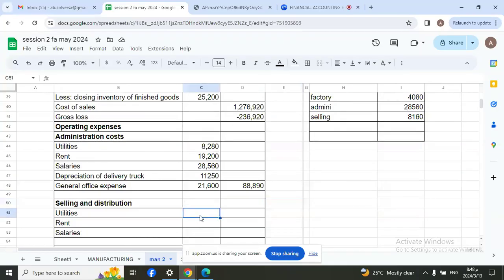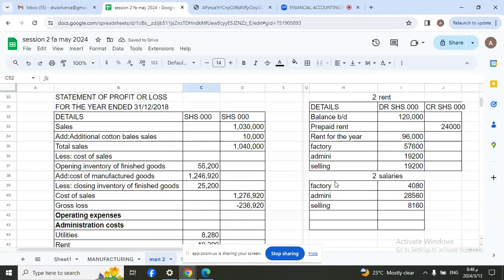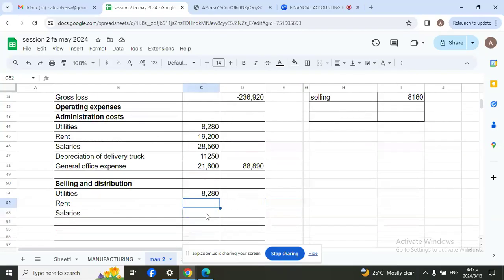So utilities is 8280. Rent is how much? 19,200. Then salaries is 8,160.